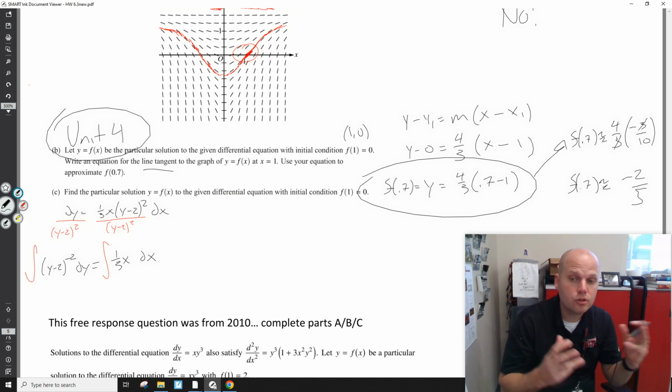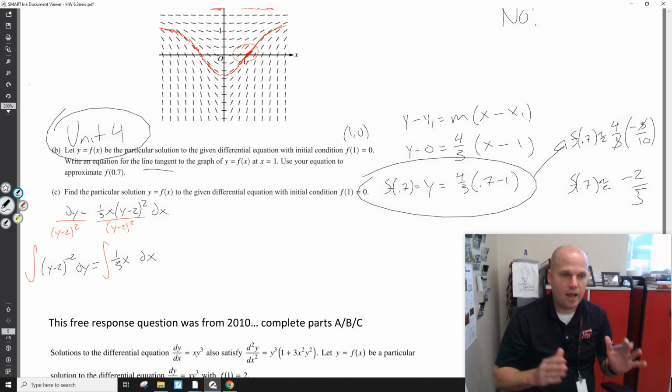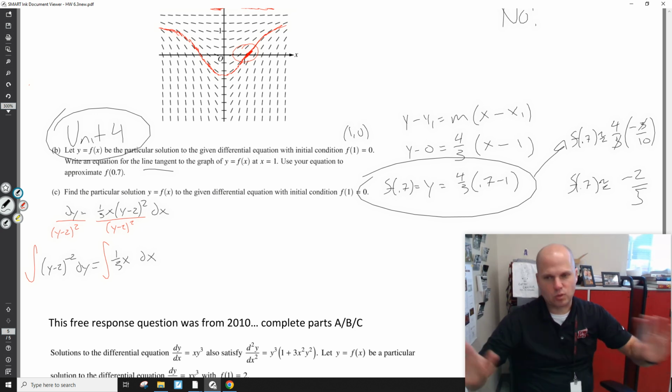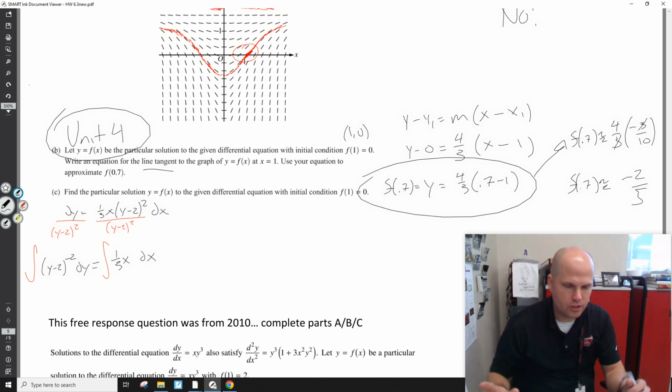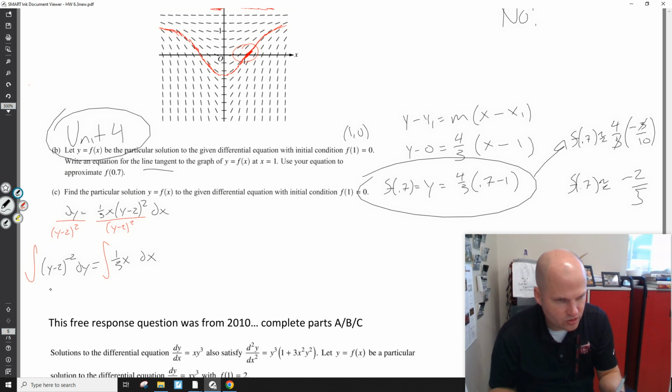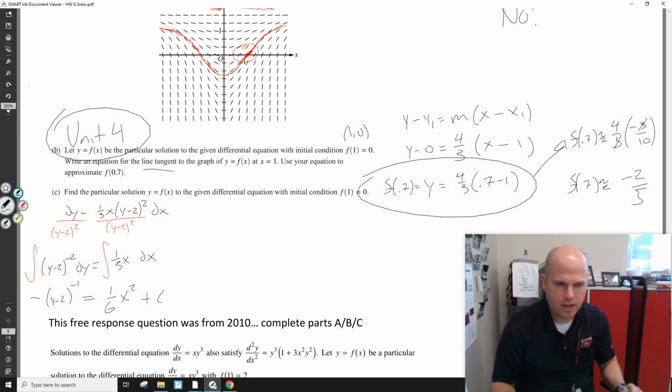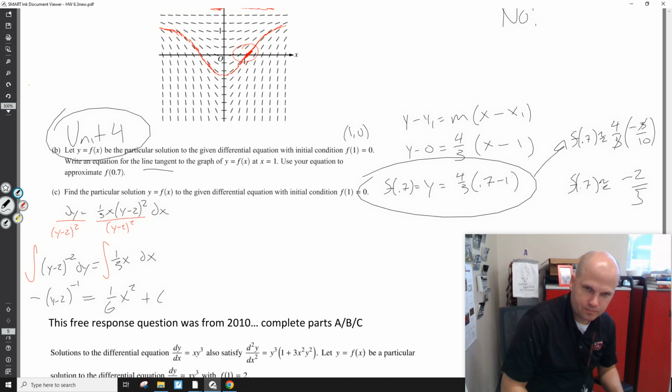Make sure you undo the derivative of the inside. The derivative of the inside is just 1. I don't have to worry about undoing it. So all I have to do is take the antiderivative of the outside and then Vegas. Here, unfortunately, we got a bigger fraction. And get this.